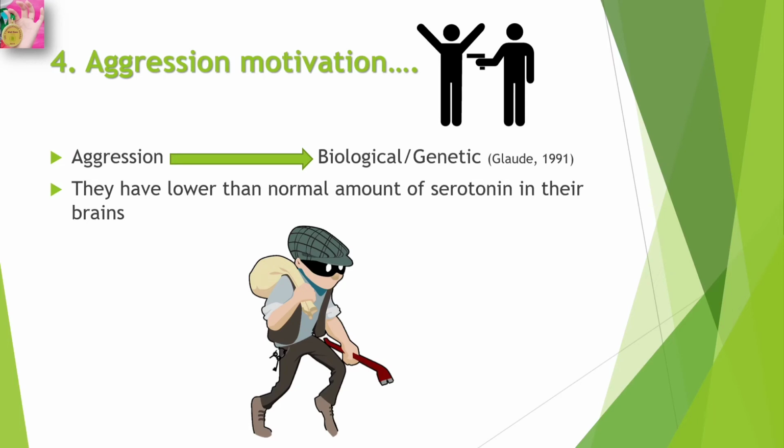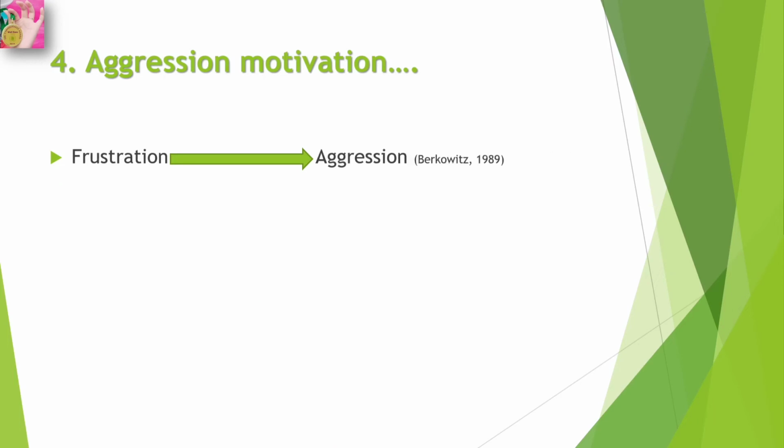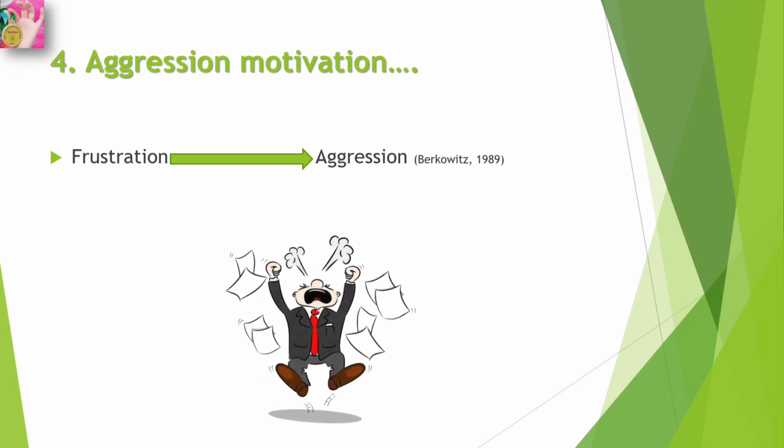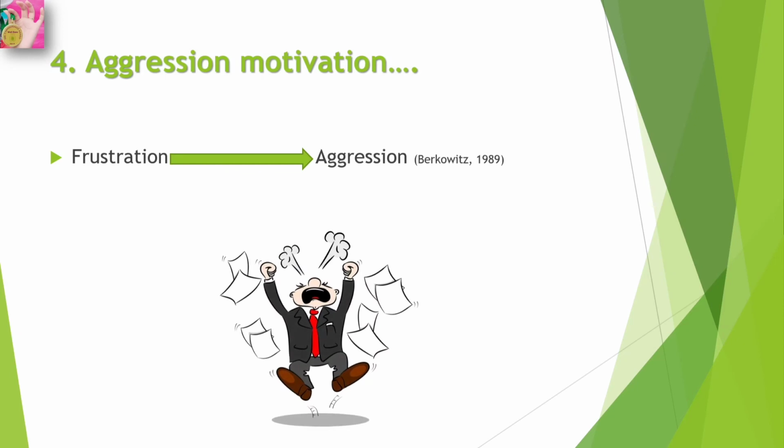Apart from this, it has also been observed that frustration, that is the thwarting or blocking of goal-directed behavior, causes aggression. And aggression often stems from frustration only when it is unexpected and is viewed as unfair and illegitimate.